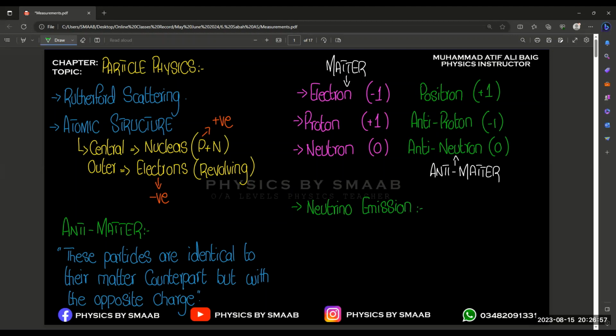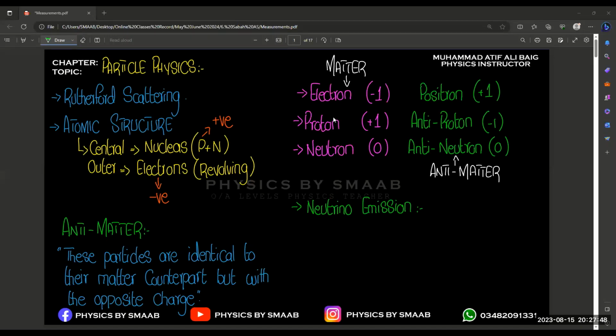In that process we also get different elements that we never discussed before, so in this chapter we are going to discuss that. So the first particle that we are going to discuss is neutrino emission.